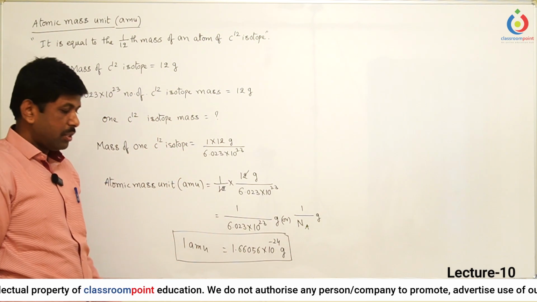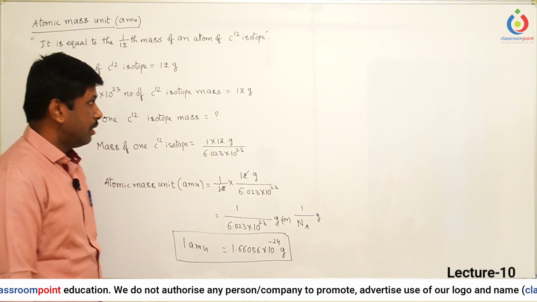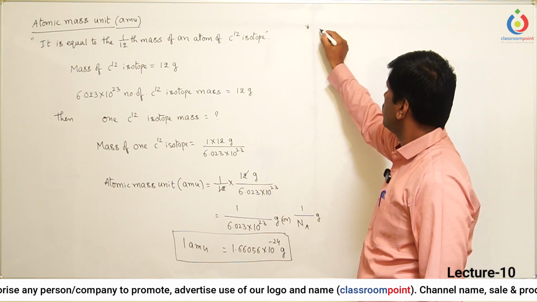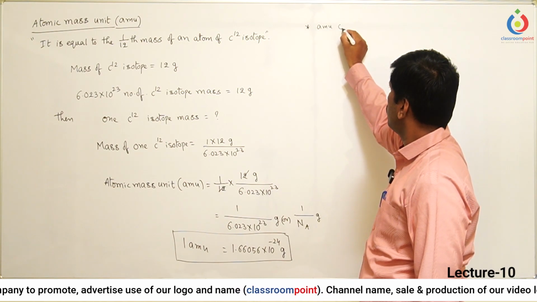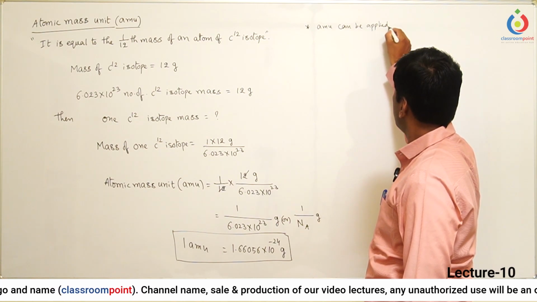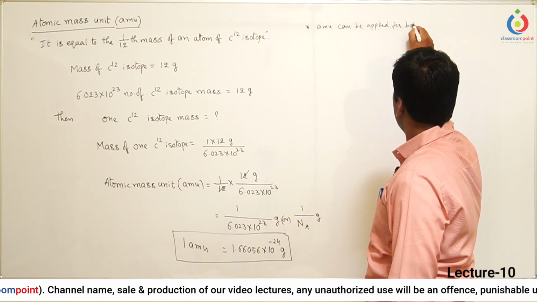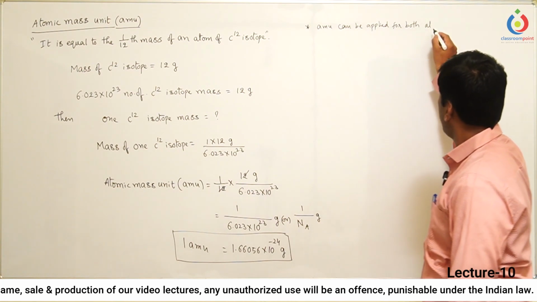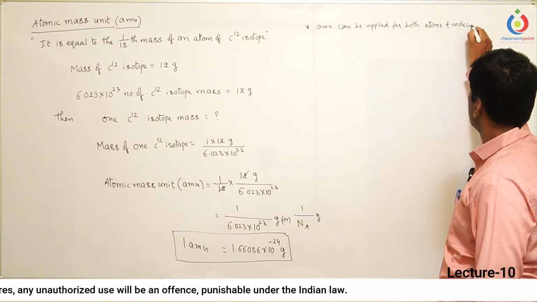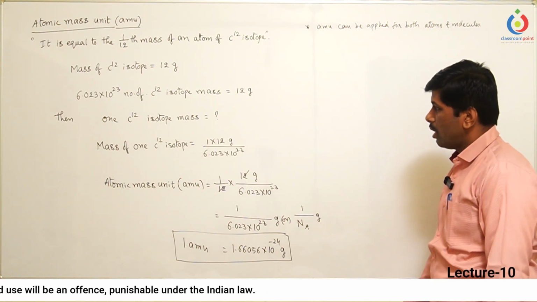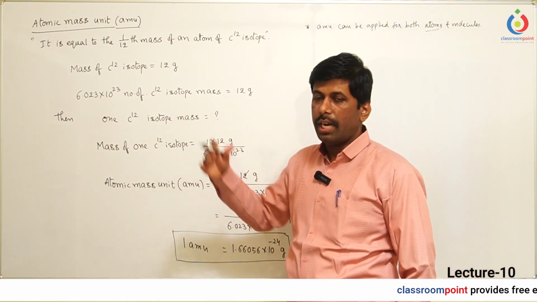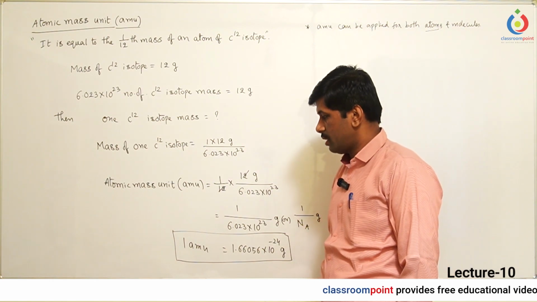Then this one atomic mass unit can be applied to both molecules and atoms. So here we can write that AMU can be applied for both atoms and molecules. When applying this for atoms, there is no confusion because the word atom is already there.